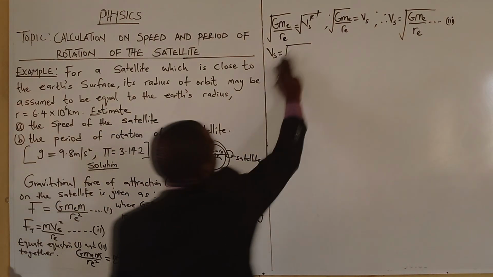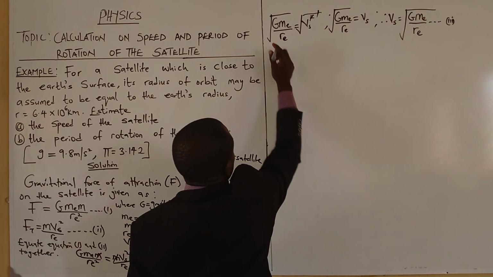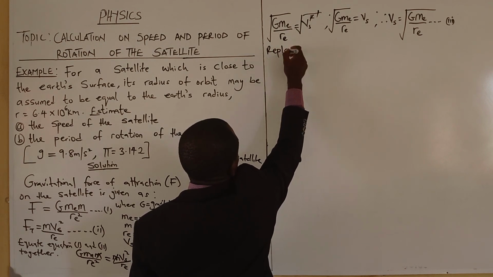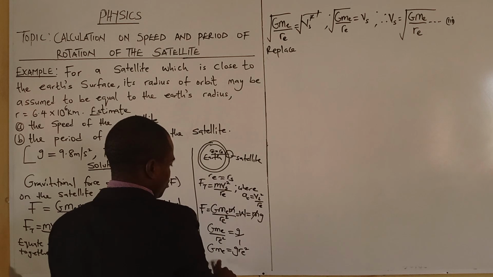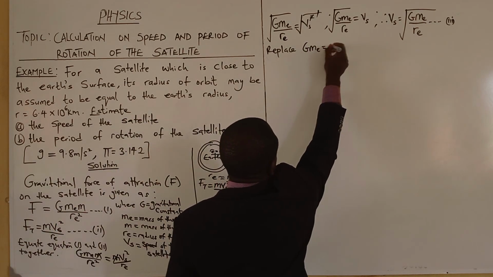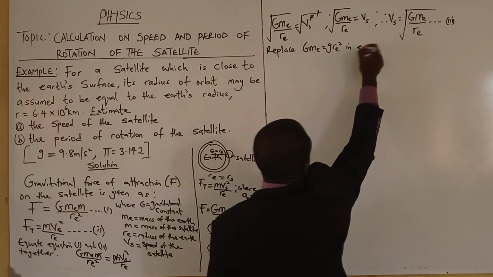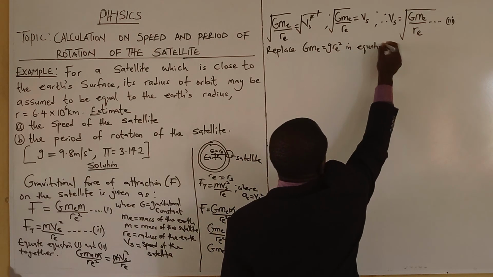Replace G ME equals g RE squared in equation 3.